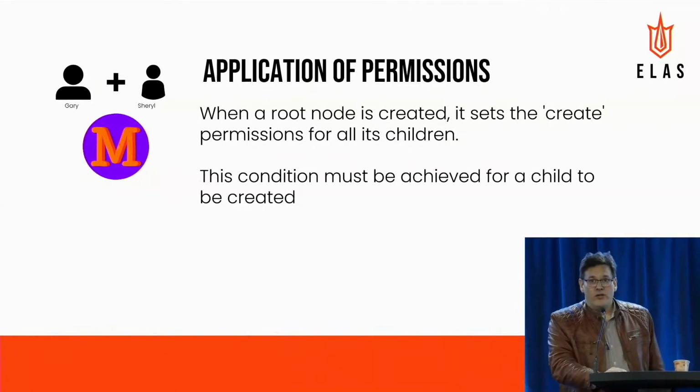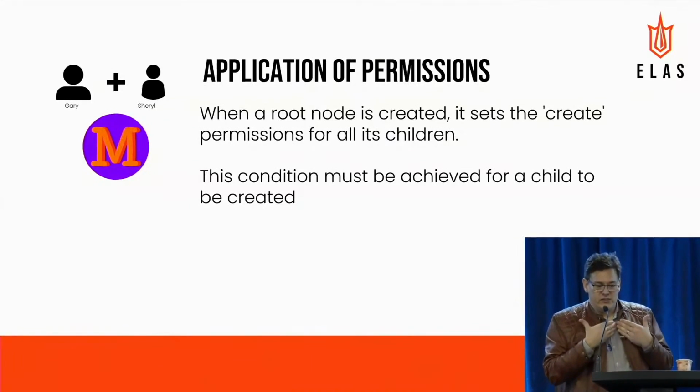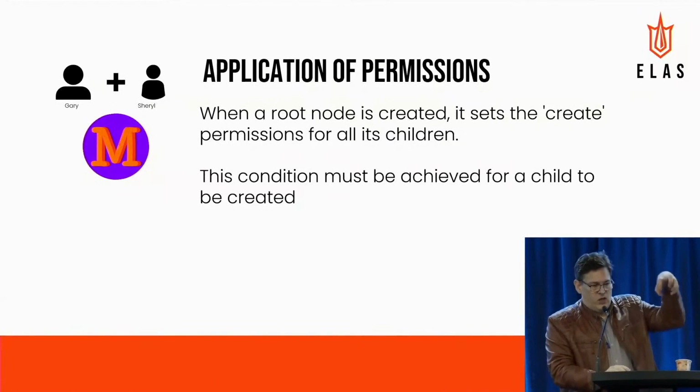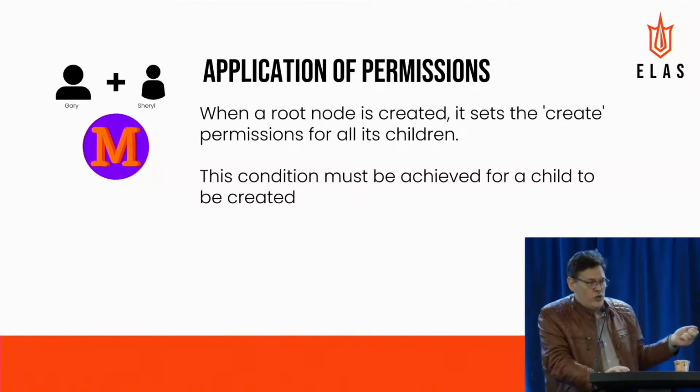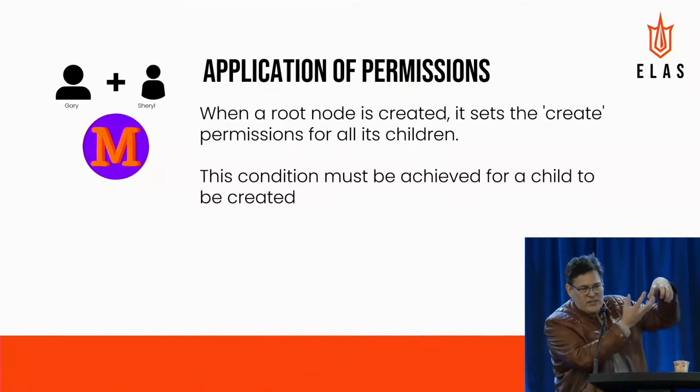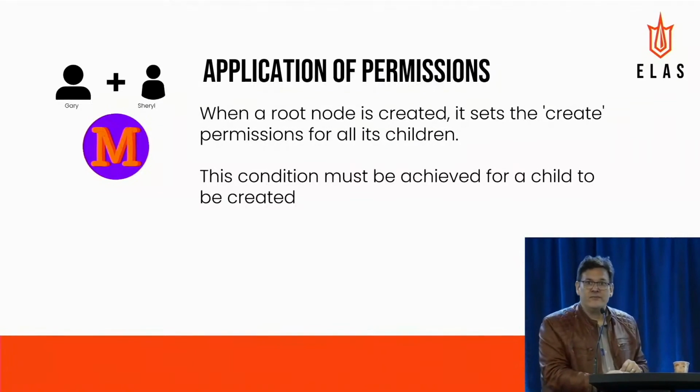When you create this, you're setting the top layer permissions for your private ledger. At the top of the private ledger, you're determining who is the entity or entities who are going to control everything that happens in the next layer down.